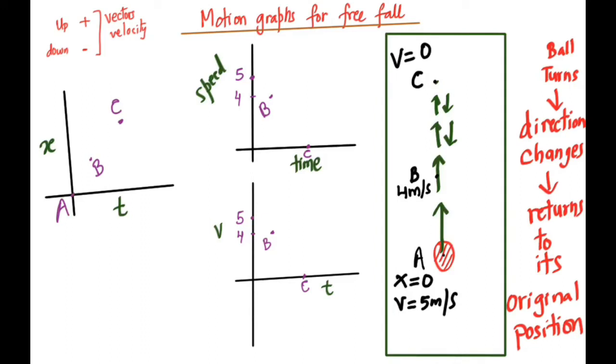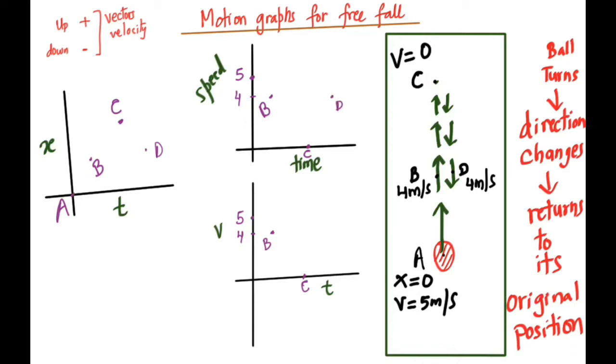So we are going to have point D, and at this point D, we can see that now the ball is trying to return back to its original position. So in the position time graph, point D is close to the x-axis. That means now the object is going to return back. Let's say that the speed at this point is 4 meters per second.